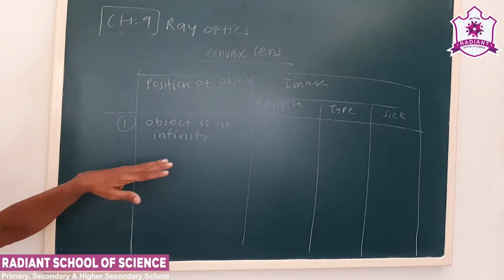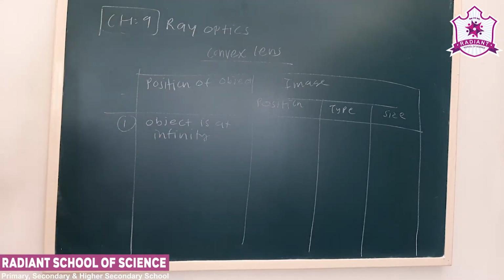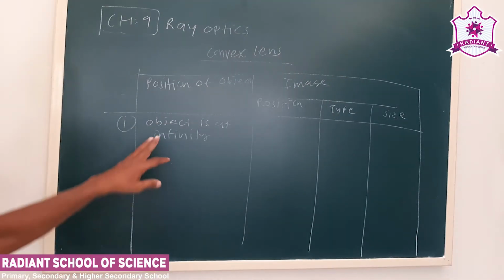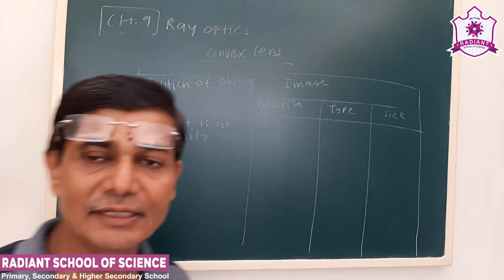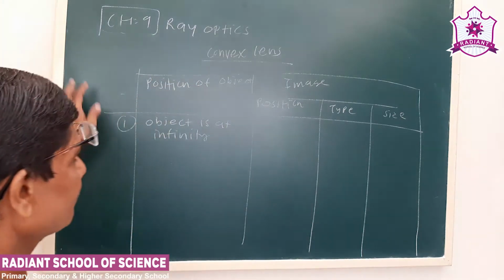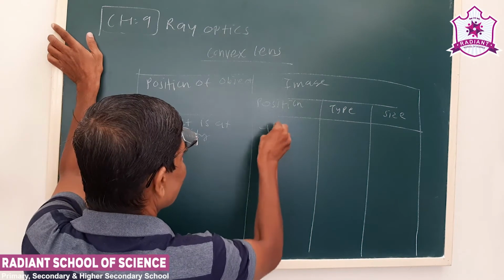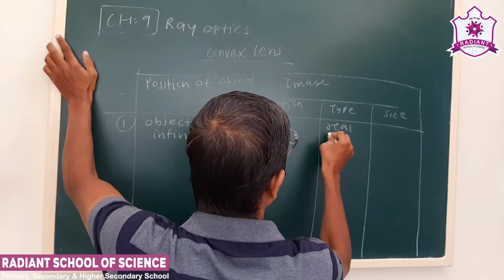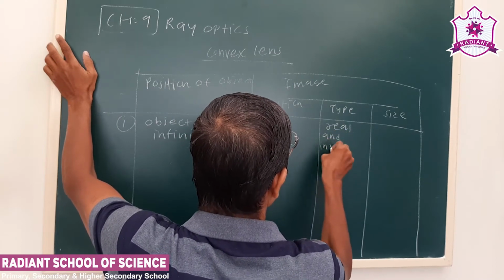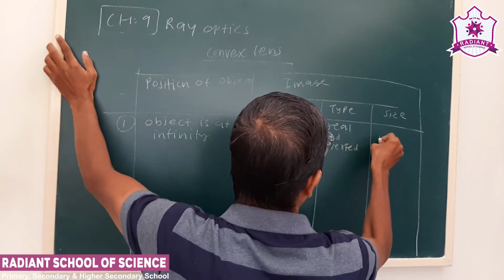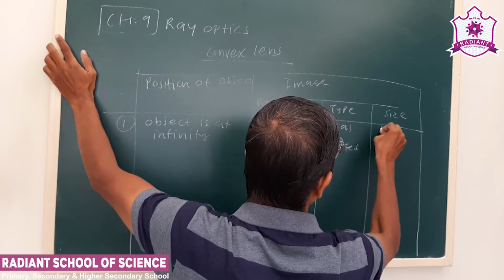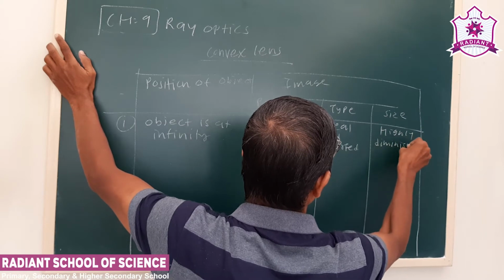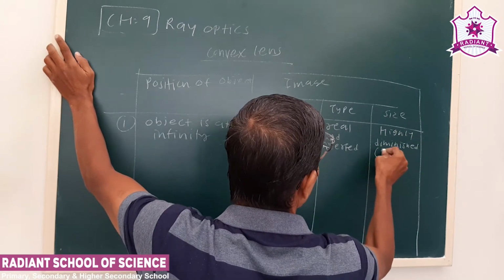The rays come from a very large distance, so we consider them parallel to the principal axis. After refraction they will meet at F. The image will be real and inverted, and highly diminished, or we say point-like.